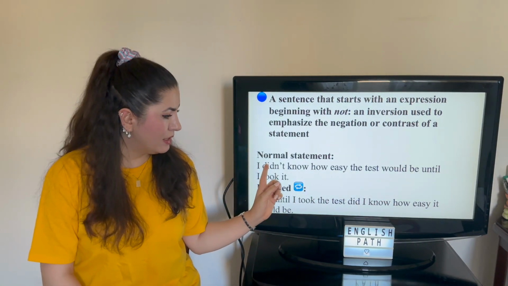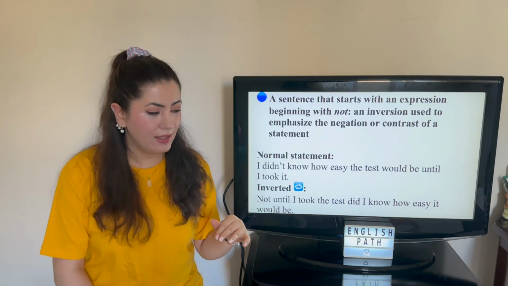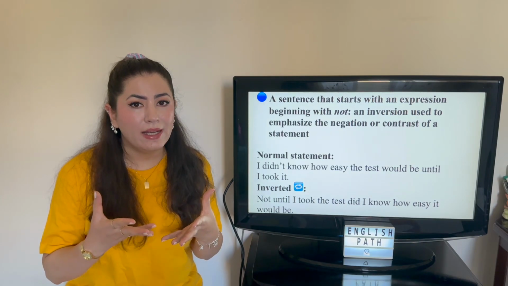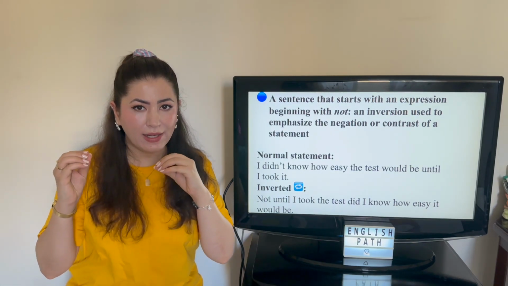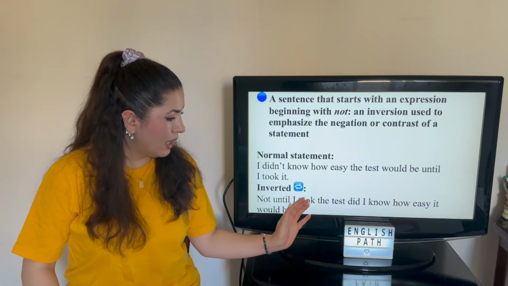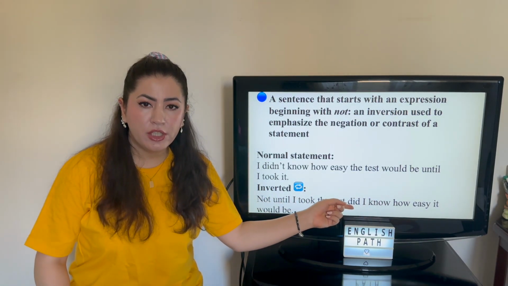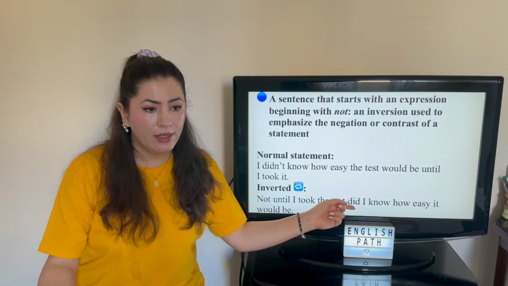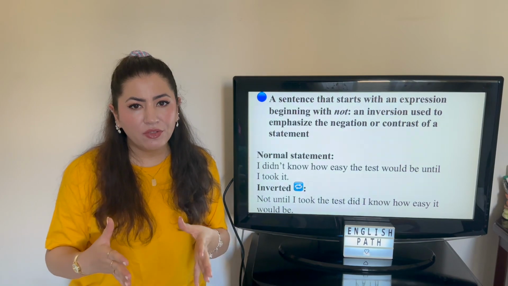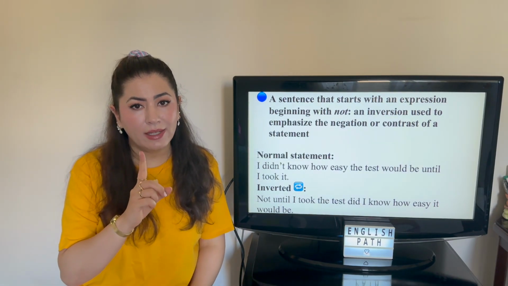The normal statement is, I didn't know. It's a negative sentence. I want to start my inverted sentence with a negative word, so I extract not and use it in the beginning. So not until I took the test, so the verb changes into a positive one. Because one more time, I'm reminding you of the fact that every negative sentence has only one negative word.